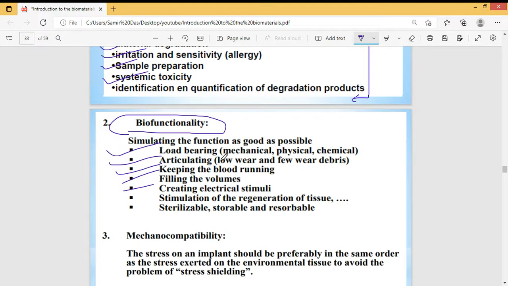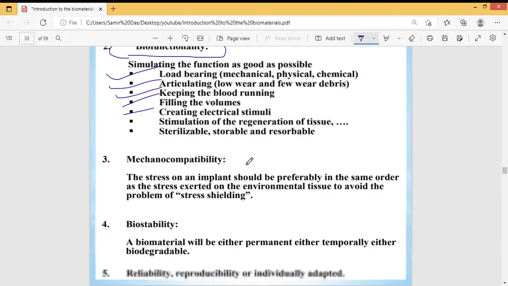Mostly in load bearing applications, mechanical, physical, and chemical properties are very important. But in articulating applications, we have to mostly take care of the corrosion resistance or the wear resistance. And in case there is much more biofluid interaction, then that will be taken care of also.